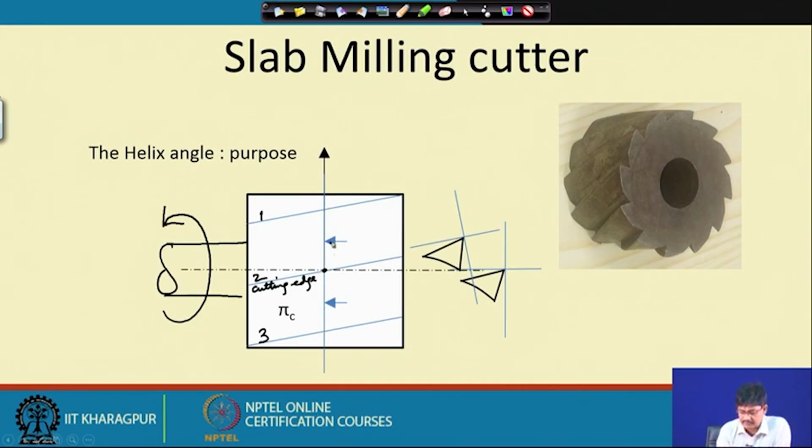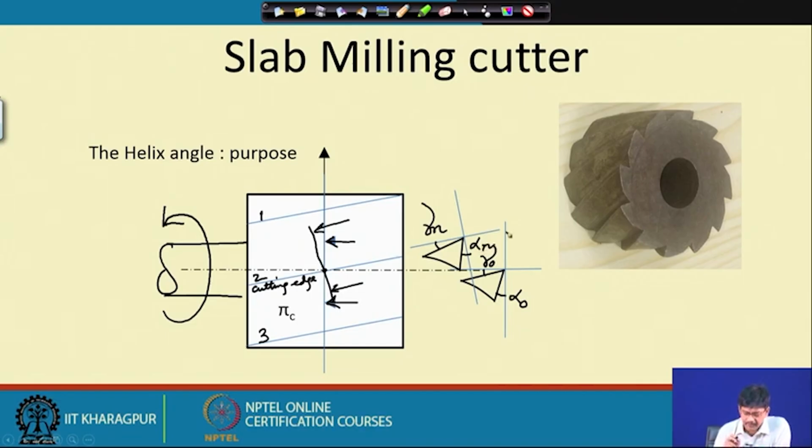So, if we take this particular section, we get this angle as the orthogonal rake and this one as the orthogonal clearance. But if we now observe that the cutting edge is inclined, and take a section this way, we are going to get the normal section, and therefore, this one comes out to be normal rake and normal clearance.